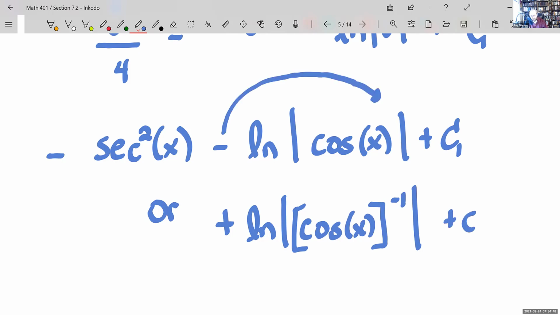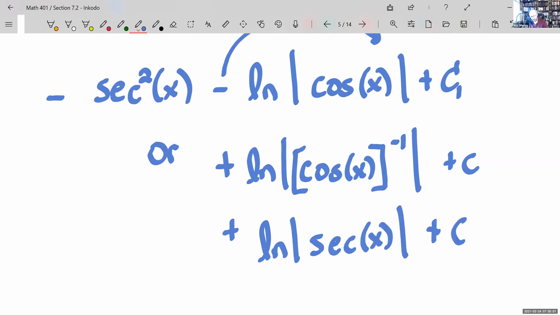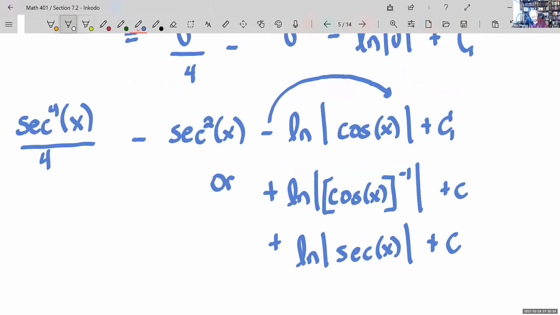And cosine to the negative first, which is not the inverse cosine, it's 1 over cosine, is the secant. So it's the natural log absolute value of secant. Those are both equivalent forms. They're absolutely correct. All three of these, right here and here and here, are all the same statements.